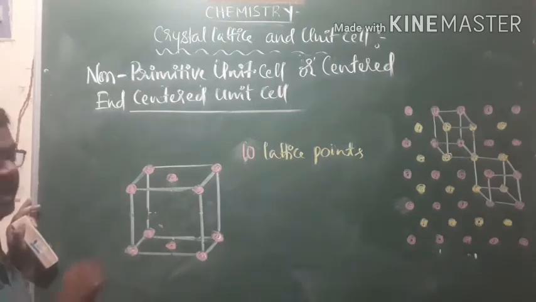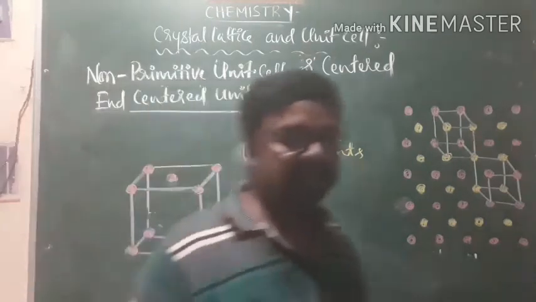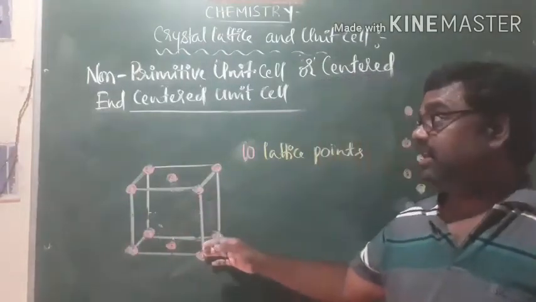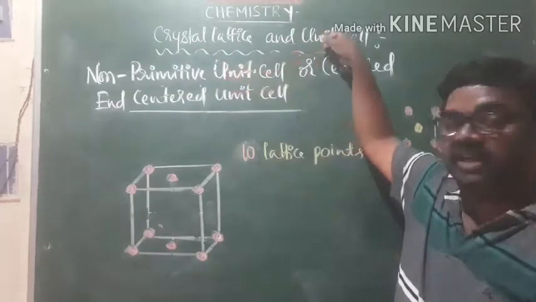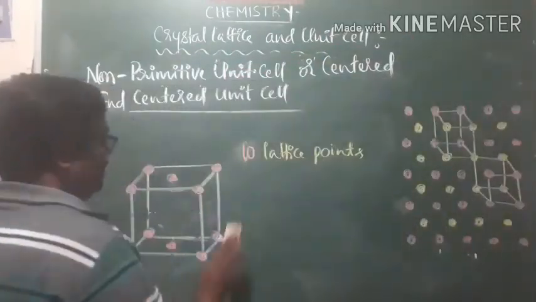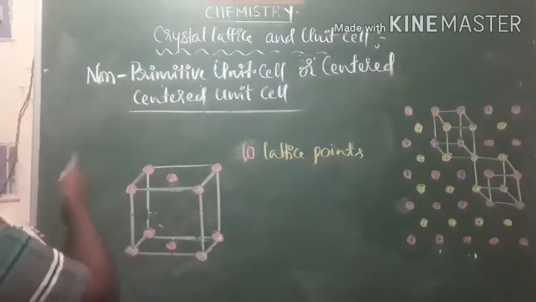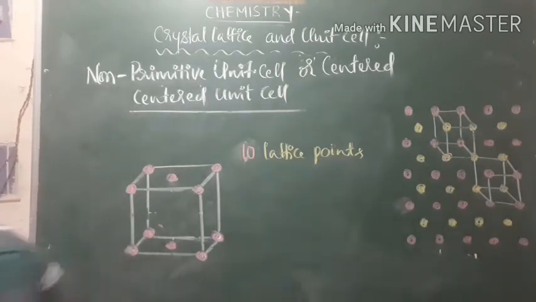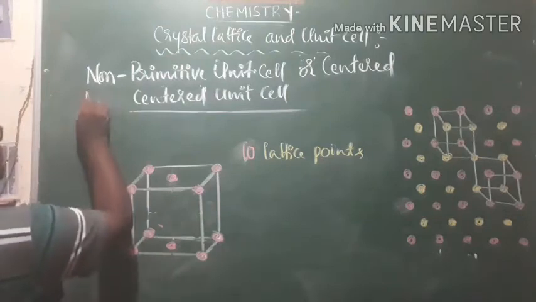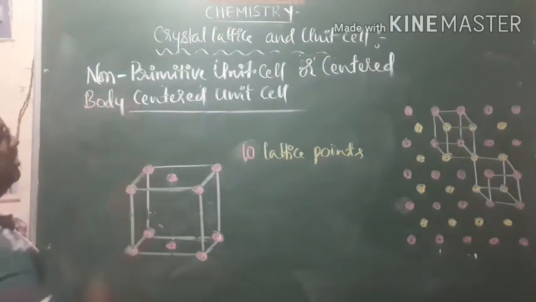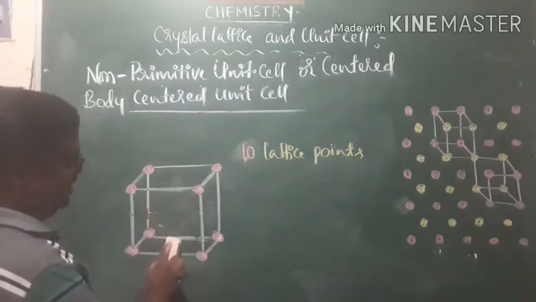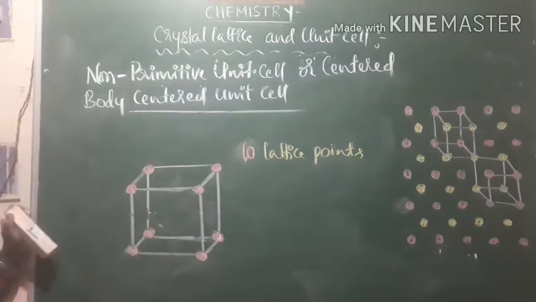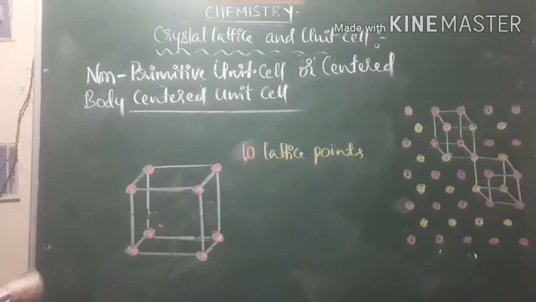So what happened now? Face-centered is done, then end-centered is done, because they are all coming under non-primitive unit cells or centered unit cells. And apart from that, we have one more kind, that is what we call a body-centered unit cell. In the case of body-centered unit cell, take this as the unit cell.